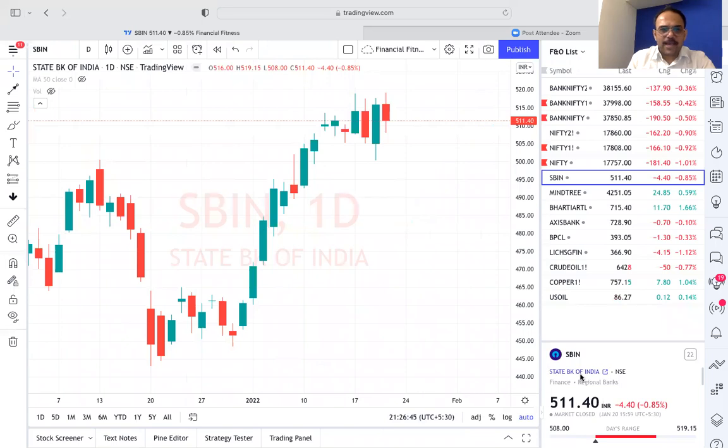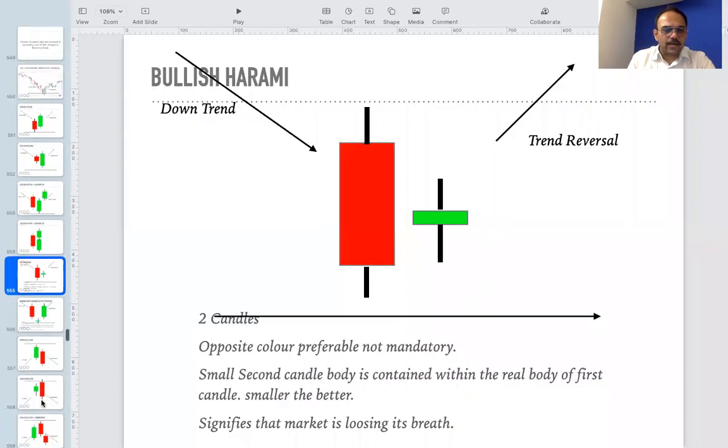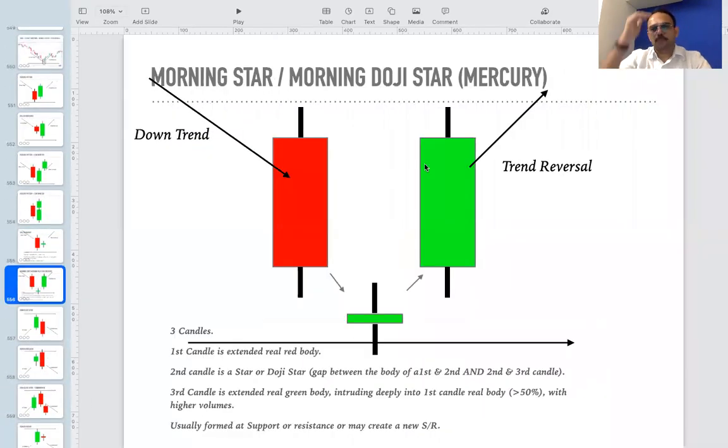Then finally we have the morning star. Okay, the morning star is a combination of three candles: in a downtrend, a red candle, a small candle, something like this, which can be red or green, both, followed by a green candle. So this is a complete reversal pattern, and then it goes up.